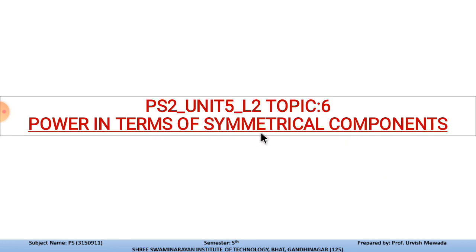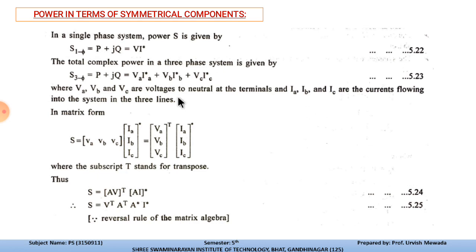So let us discuss this power in terms of symmetrical components. We can write the equation for the apparent power of a single phase as S is equal to P plus jQ, where P is the active power, Q is the reactive power, and S is the apparent power. S is equal to V into I conjugate, that we have already discussed in the previous chapters.